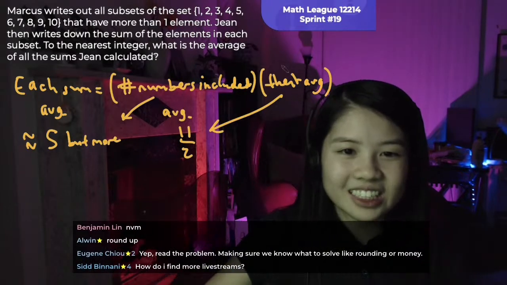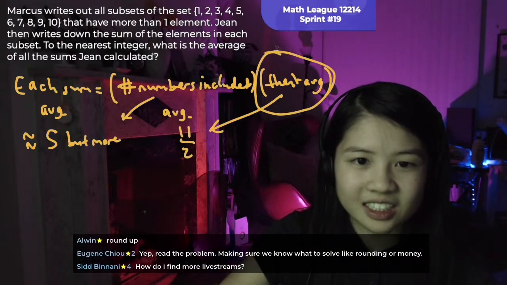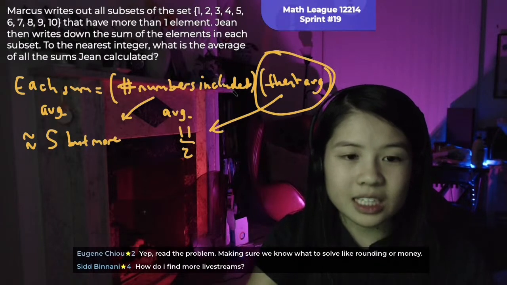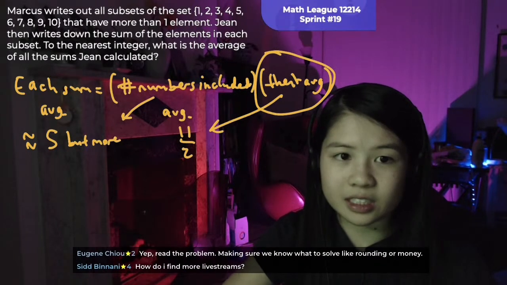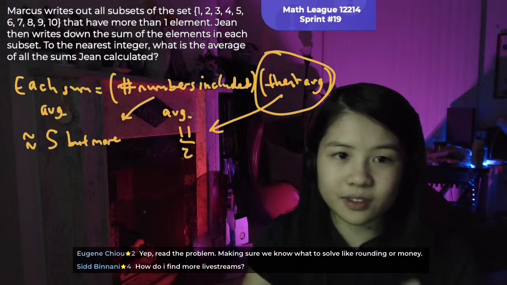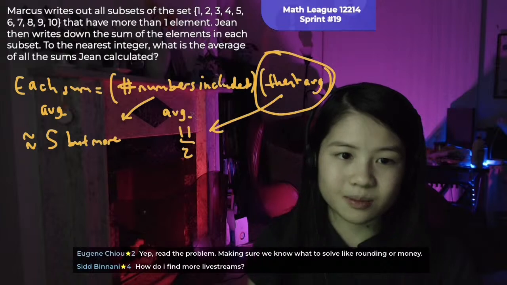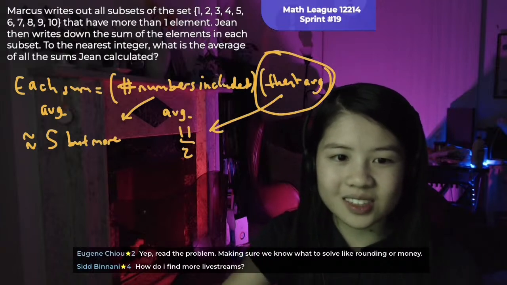I first did this part because it was easier. The average of the numbers being summed is 11 over 2, because that's just the average of all the numbers in the set, and all of them have an identical chance of being chosen.